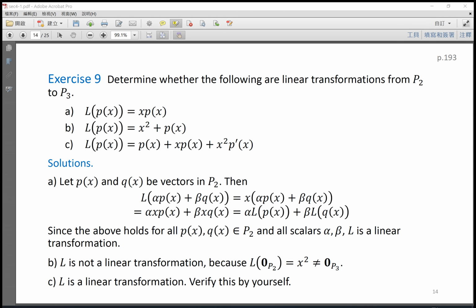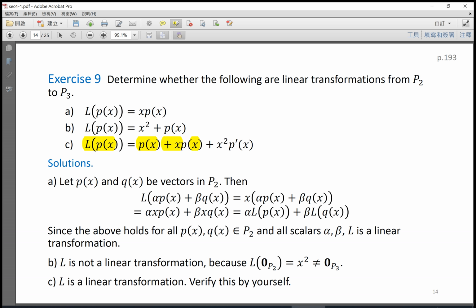In case C, L of P of x is defined as P of x plus x times P of x plus x squared times the derivative of P of x. The first term P of x is the input polynomial. The second term is the constant polynomial x times the input polynomial P of x.